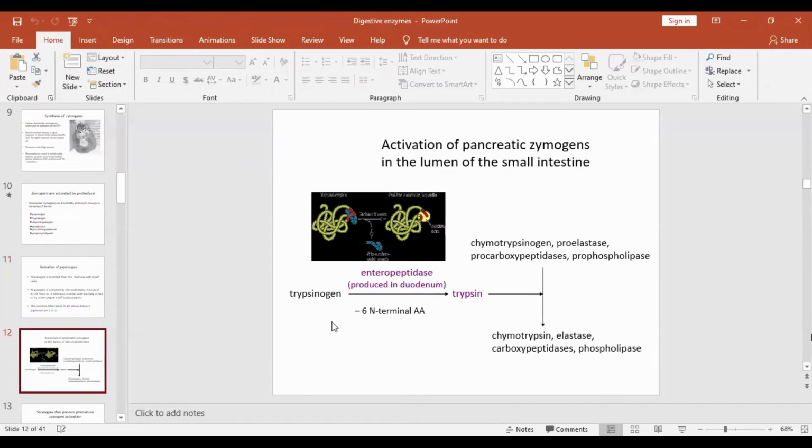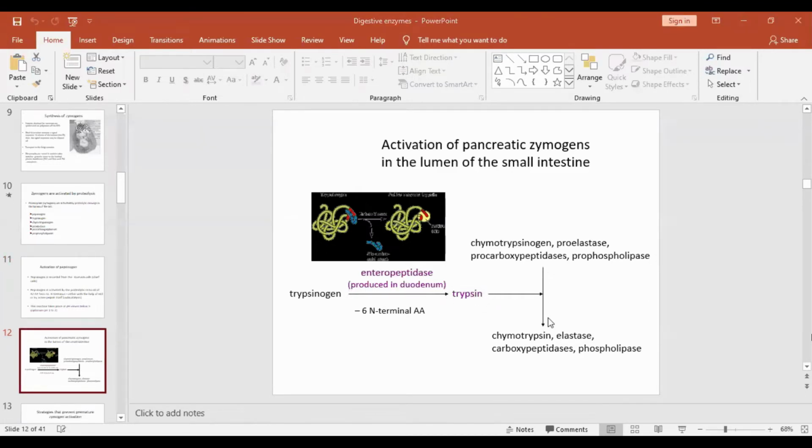Once they are removed, it gets converted into trypsin, the active form, which means it can now have its catalytic power.